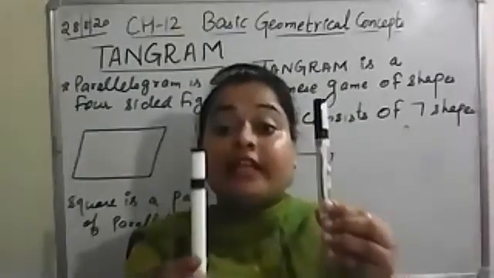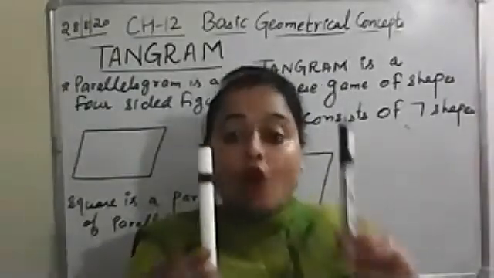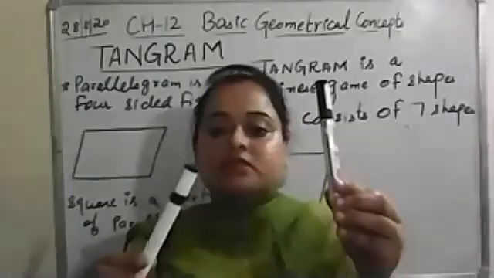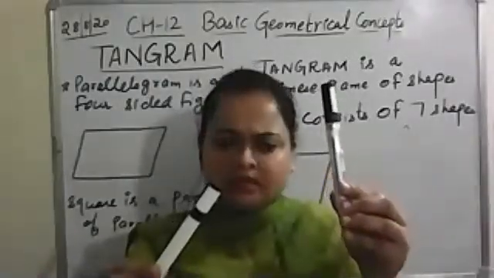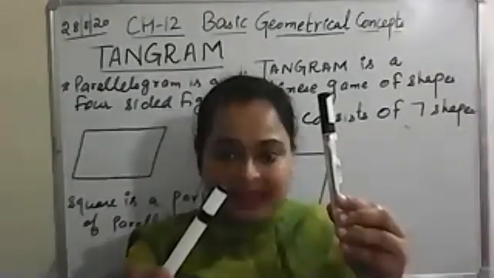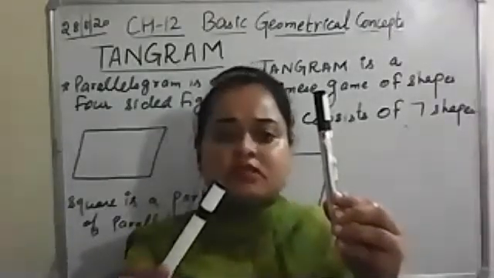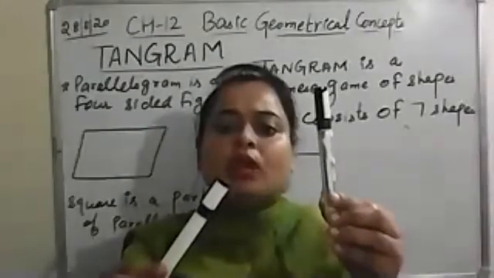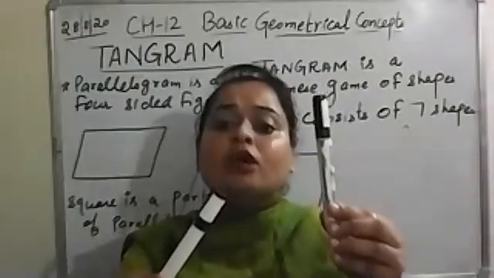Parallel means maintain equal distance from upper to lower. But if I am talking about like this, are these two lines parallel now or not? Write down in the chat box. If I'm talking about like this, then these two line segments are parallel or not?